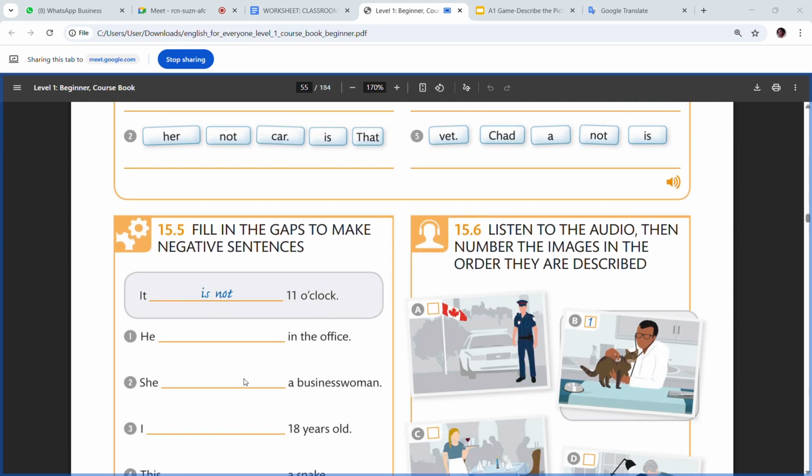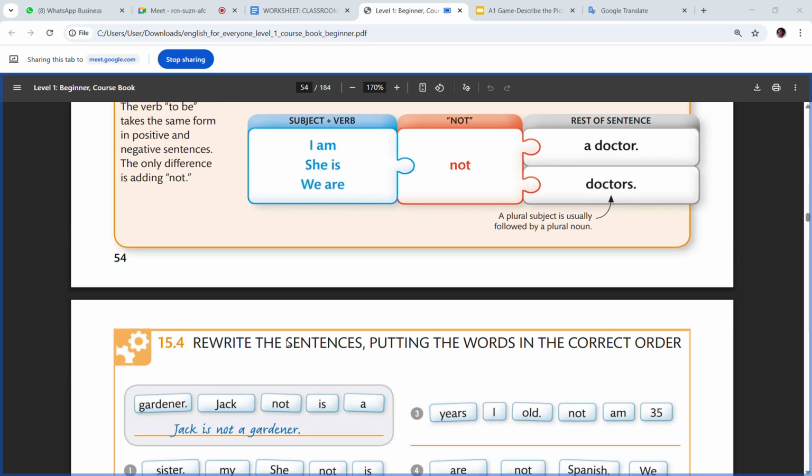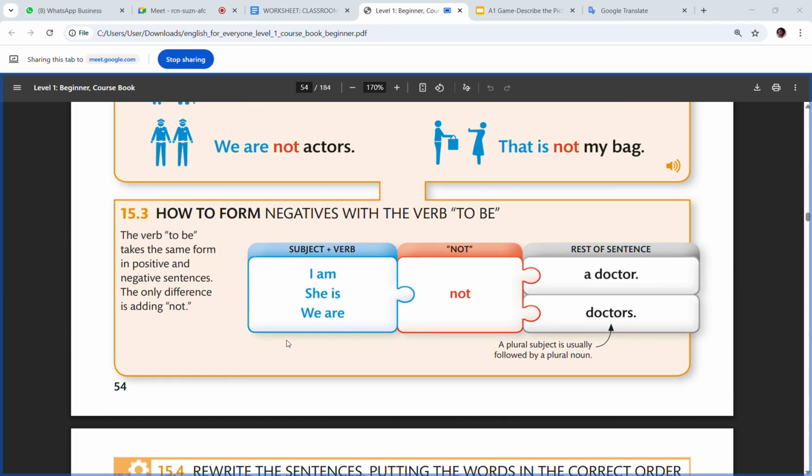Okay. So even when you introduce yourself, someone can ask you, Sam, are you a student? You say, no, I'm not a student. I'm a chef, right? Or someone can ask one of you, Tang, are you working?